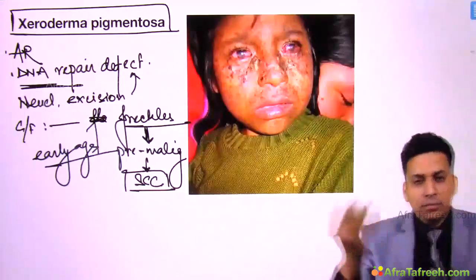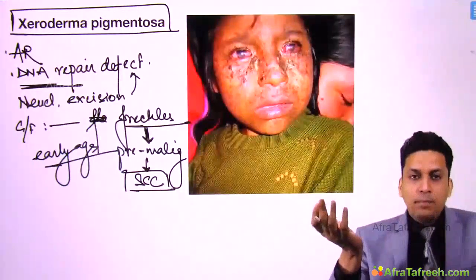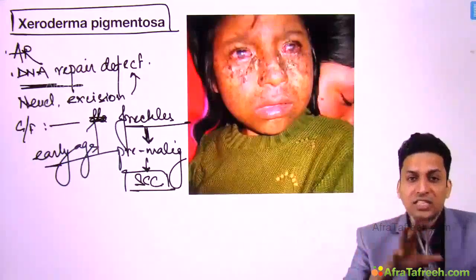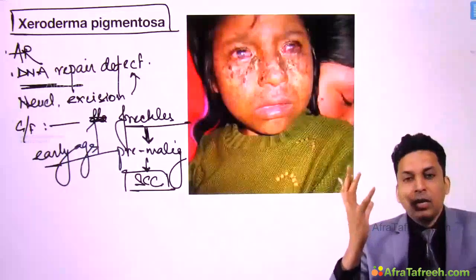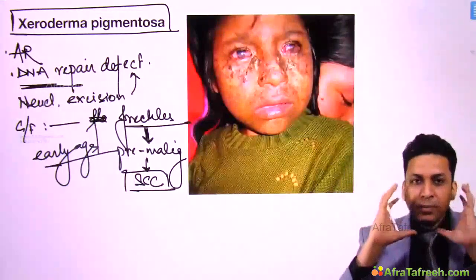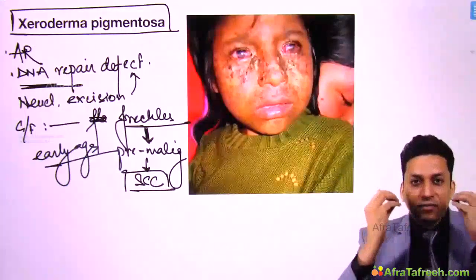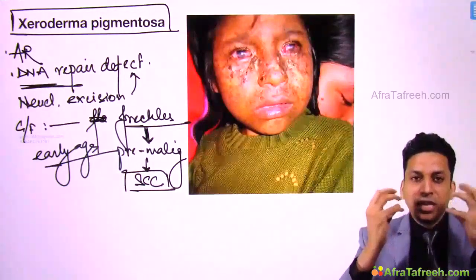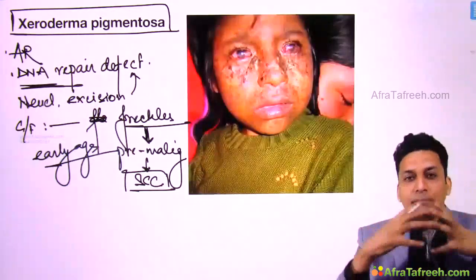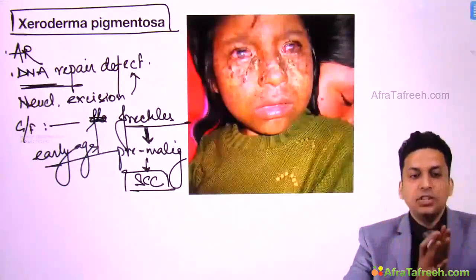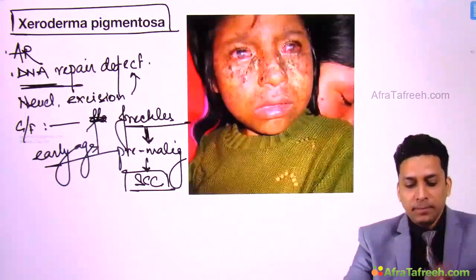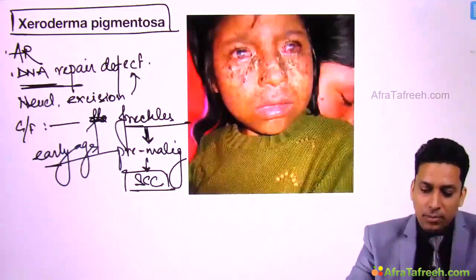So in old age many patients develop squamous cell carcinoma, but early in the age, due to this excessive photo damage and due to this DNA repair defect, these patients start developing what? These freckles. So if the patient is young and developing these malignant or pre-malignant changes like squamous cell carcinoma, and there is a background of freckles over exposed areas like dorsum of the hand, over the face, then you should suspect xeroderma pigmentosa. Okay, so this is a patient of xeroderma pigmentosa.